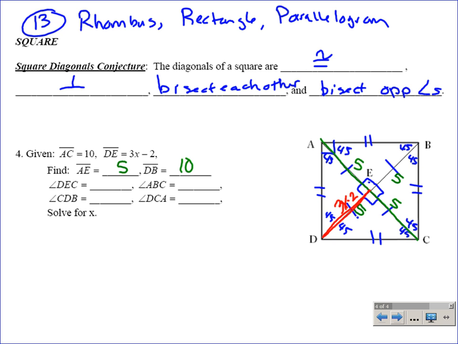DEC is 90. As you go, you start at D, you're going up to E, and you're going out to C, 90 degrees. What's the measure of angle ABC? 90 as well. What about the measure of angle CDB? 45. Are you sure?